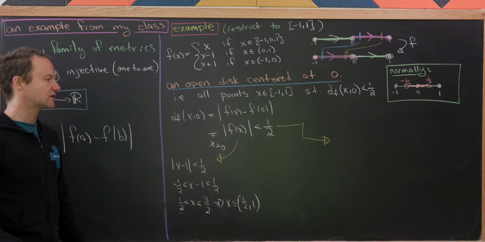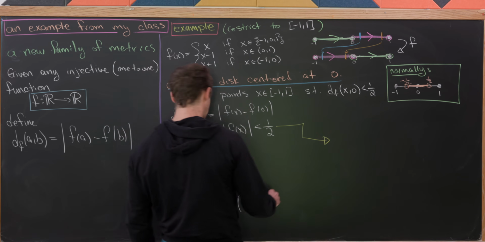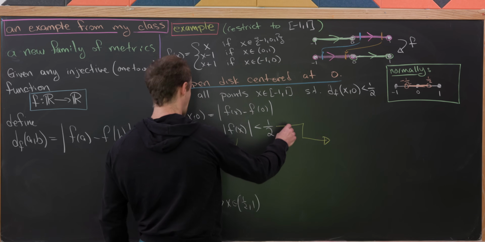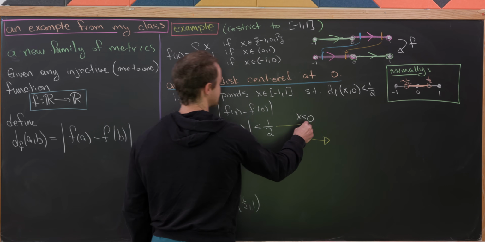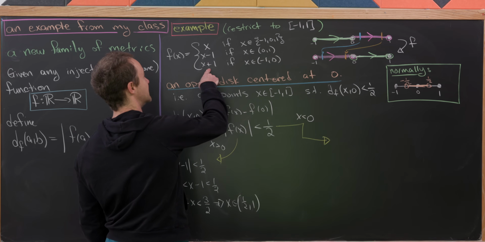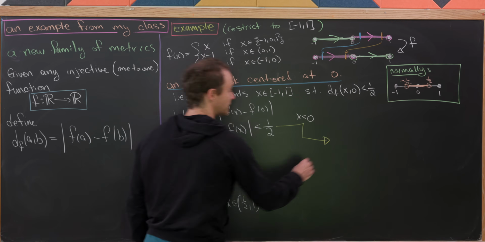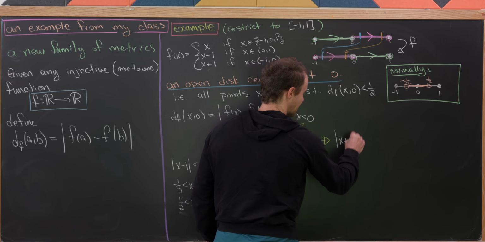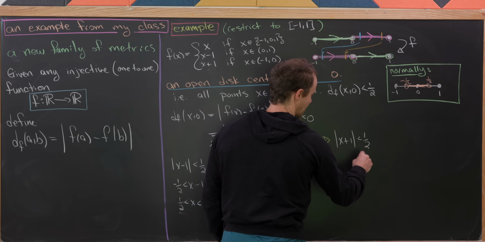Okay, so now let's look at our other case. For our other case, we have x is less than 0. So that would be in this zone right here. That's going to give us the absolute value of x plus 1/2 is less than 1/2.